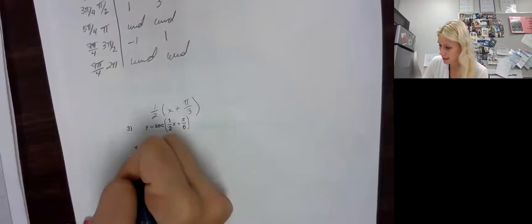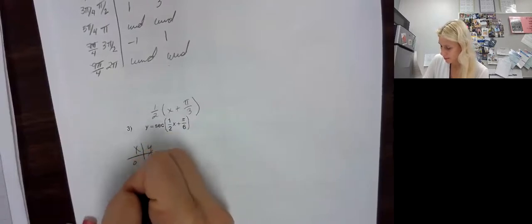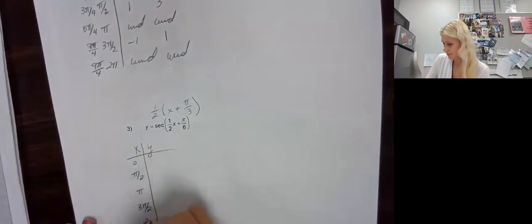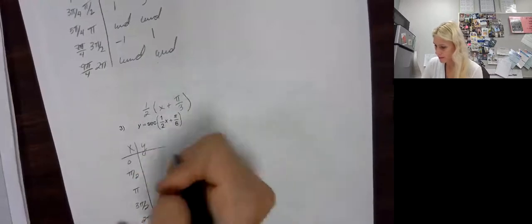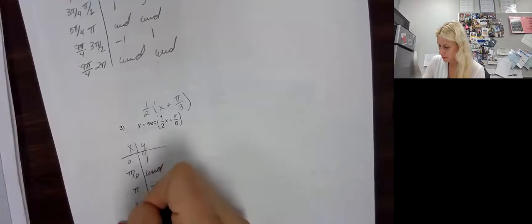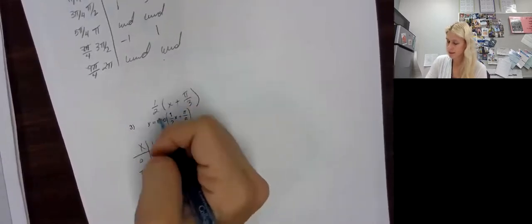And this is secant, so 0, pi over 2, pi, 3 pi over 2, 2 pi. We have 1, undefined, -1, undefined, and 1.